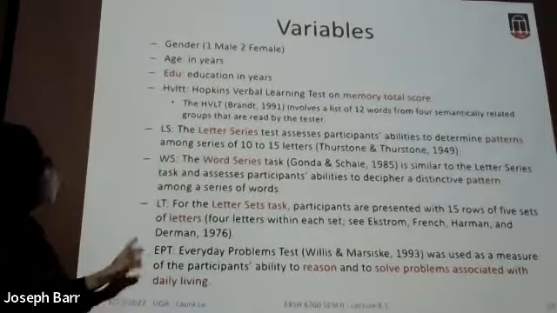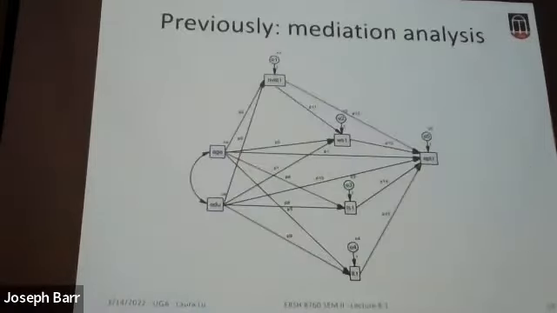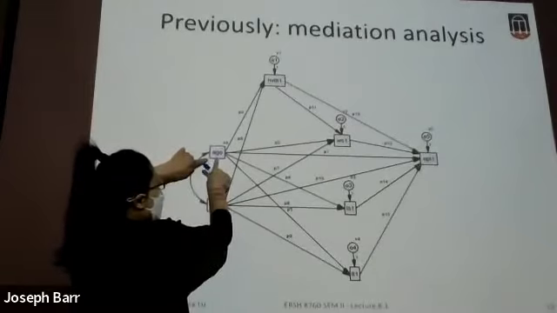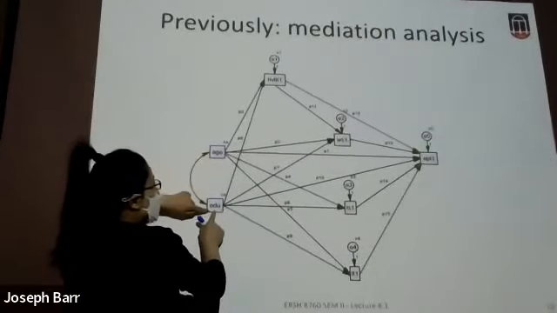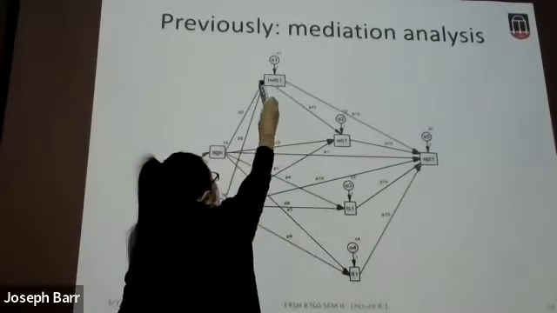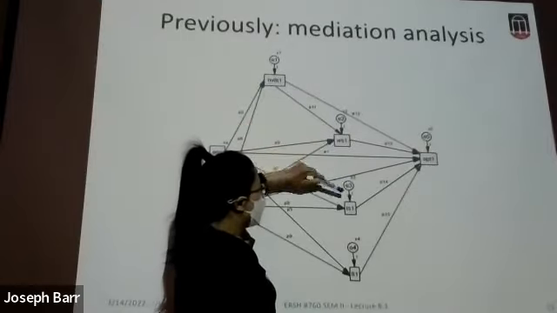Okay. So this is the old example. When we use a mediation, we have this test diagram. So we have age, people's educational level, and we have the memory test. Okay, we use HBLTT to test the memory.